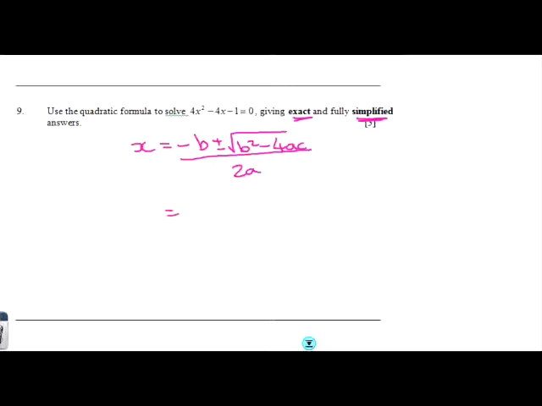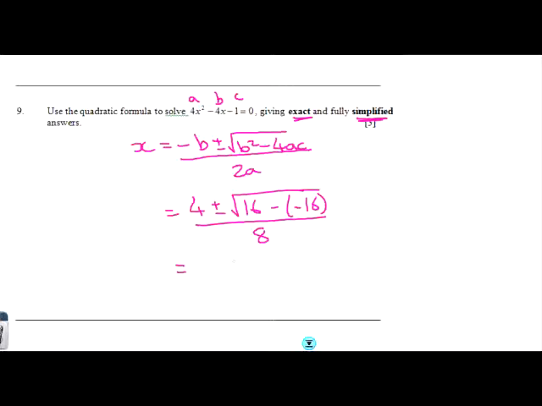So that's b, that's a, that's c. So negative b, that's 4, plus or minus the square root b squared, so 16, minus 4 times a, which is 4, so that's 16 times 1, so that's negative 16, because it's a negative 1, all over 8.